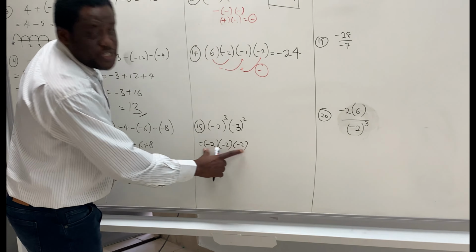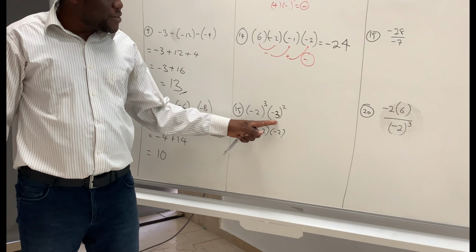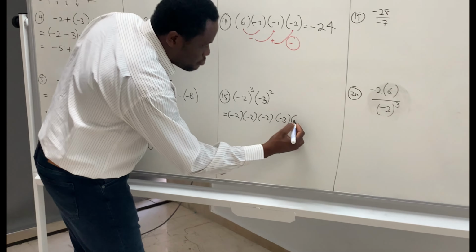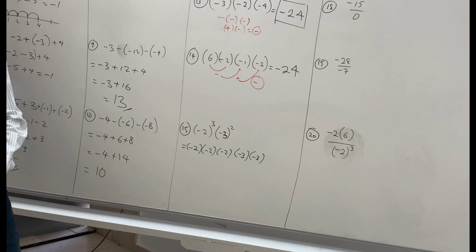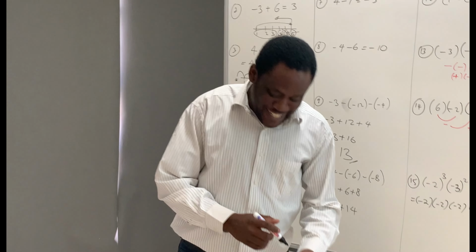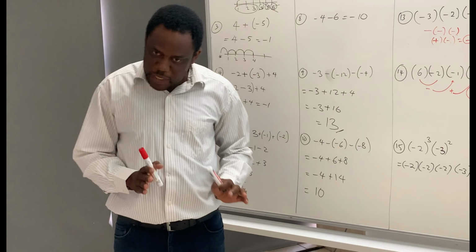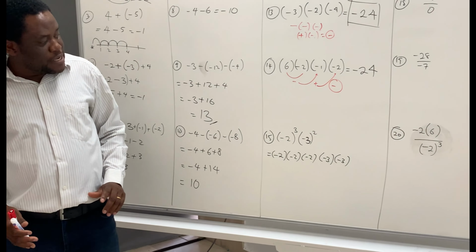This guy produces this one. The next one, minus 3 in 2 places. It means minus 3, minus 3. Good. Now, the next thing is we have broken it down to 5 different numbers.